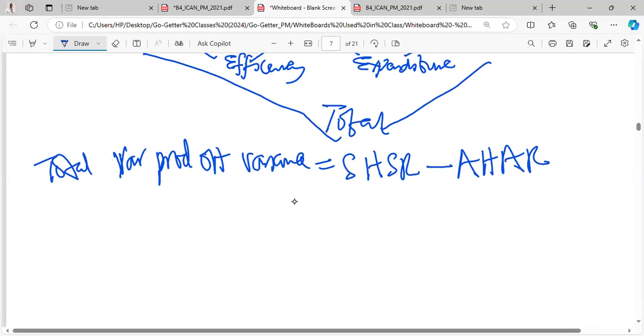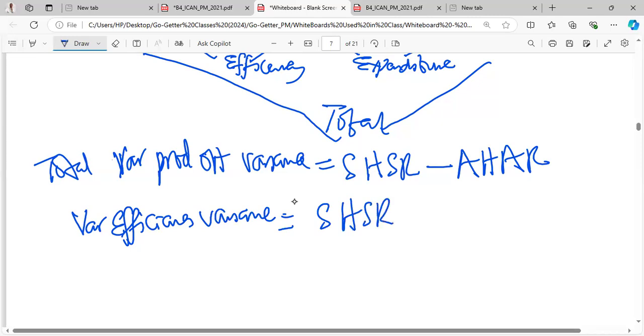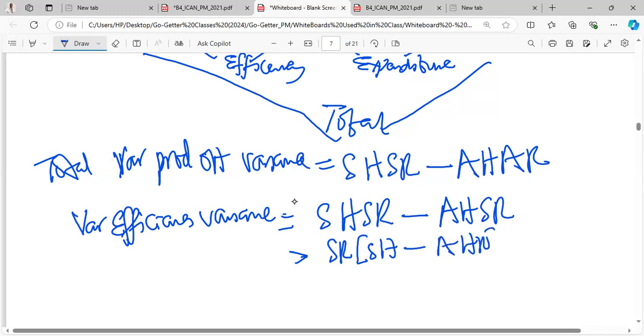Then if we are to do variable efficiency variance, it will be standard hours at standard rate minus actual hours at standard rate, which we can still say standard rate is common, standard hours minus actual hours.